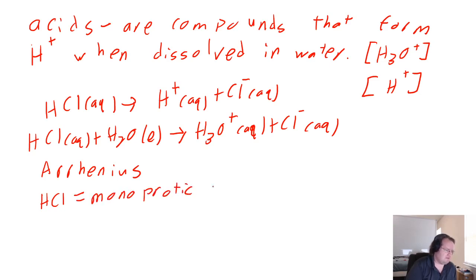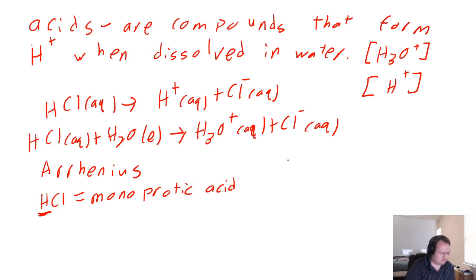What that means is that it only has one H that it's going to give up. And we call it monoprotic because it's an H by itself when it's an H+. Hydrogen normally only has one electron, so if it loses that electron, it's just a proton. So we'll call it a monoprotic acid because it loses one H+, and that H+ is effectively just a proton. Most hydrogen doesn't have a neutron with it. Some isotopes of hydrogen do, but the majority of them don't, so they're just a single proton floating around in water at that point, or attached to something else.